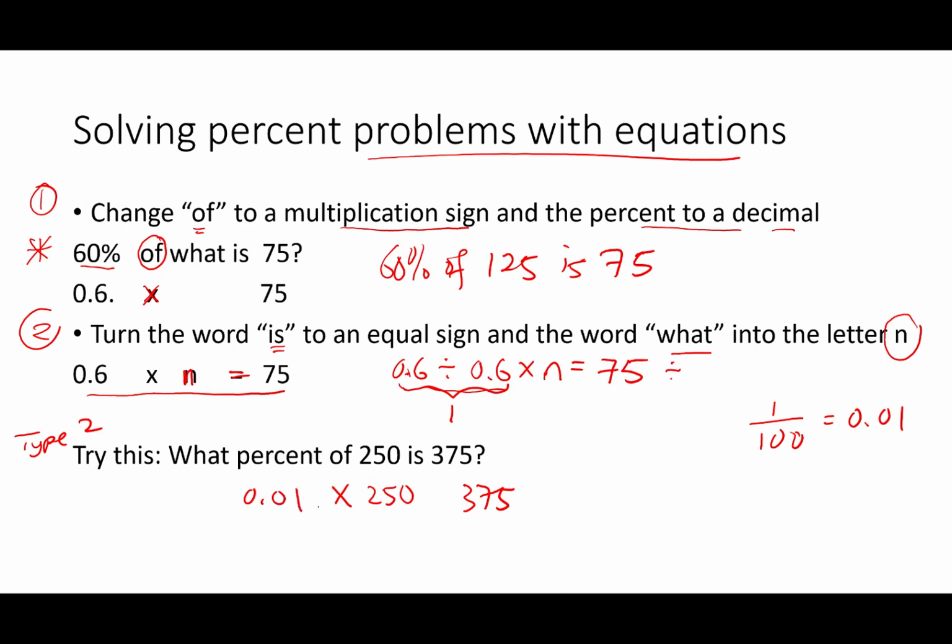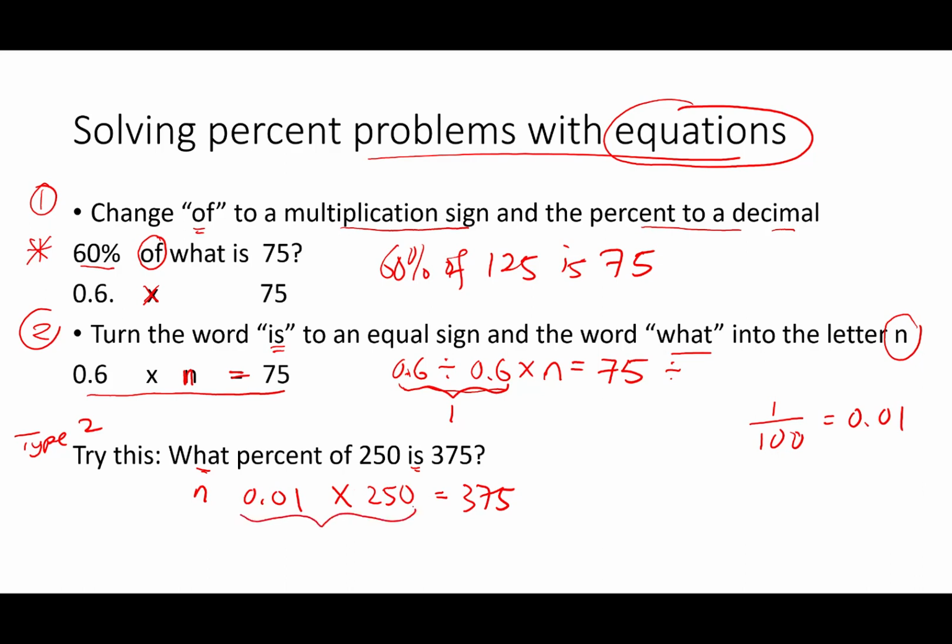Step 2: change "is" to become an equal sign and "what" to become an n. Once we convert that into an equation, we have n times 0.01 times 250 equal to 375.